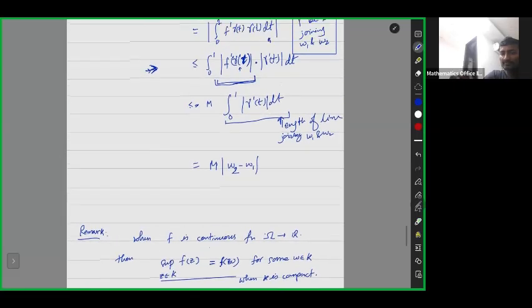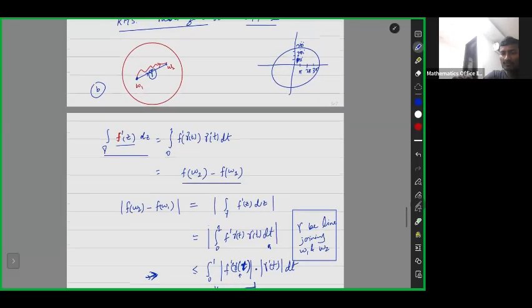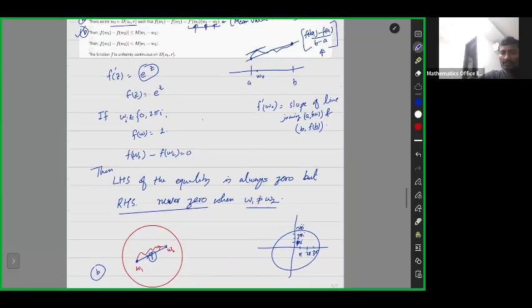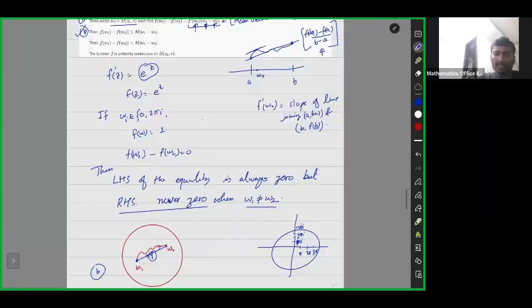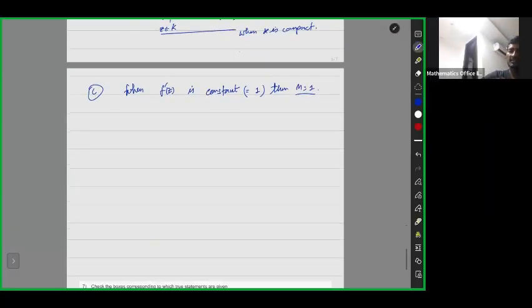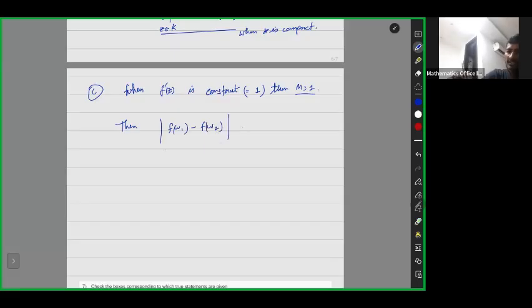And this is always equal. There is no strict inequality. And then the modulus of f w1 minus f w2 is always equal to the modulus of w1 minus w2.